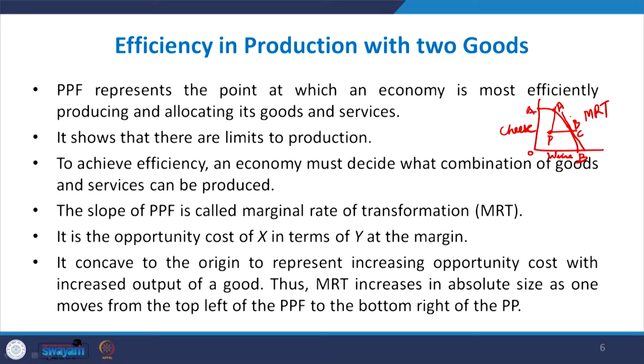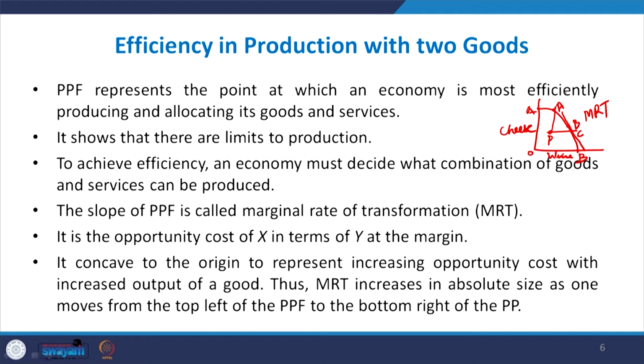So, the MRT, the marginal rate of transformation between the two products in this graph, actually increases in absolute size as one moves from the top left of the production possibility frontier to the bottom.